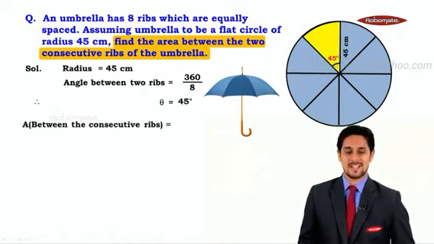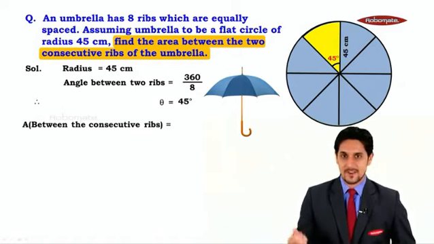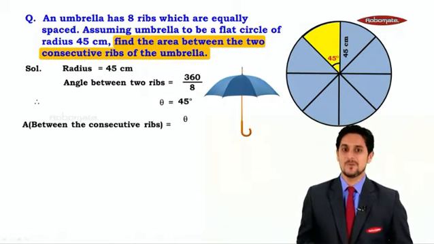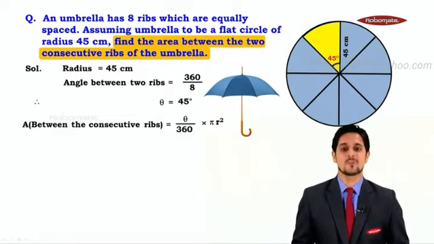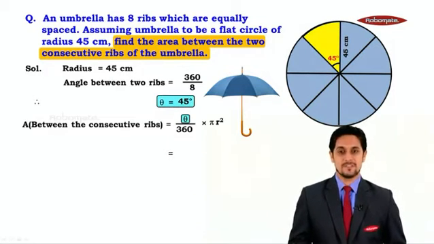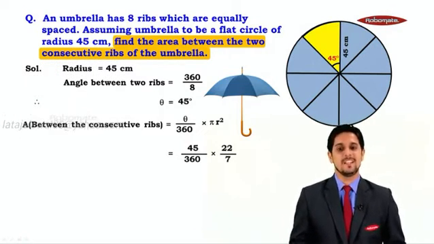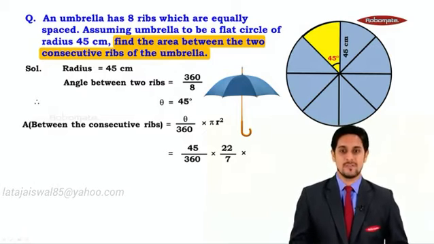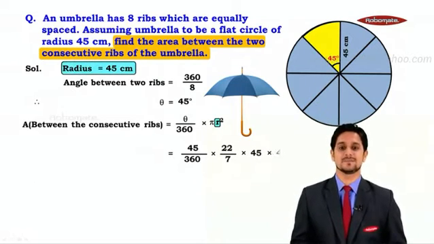So now students, we can calculate the area between the 2 consecutive ribs, which was the area of the sector, is equal to theta upon 360 into pi r square. Let us substitute the respective values. We have theta as 45, so we have 45 upon 360 into pi, which is 22 upon 7 into r square, and the value of radius was given to be 45 centimeters.